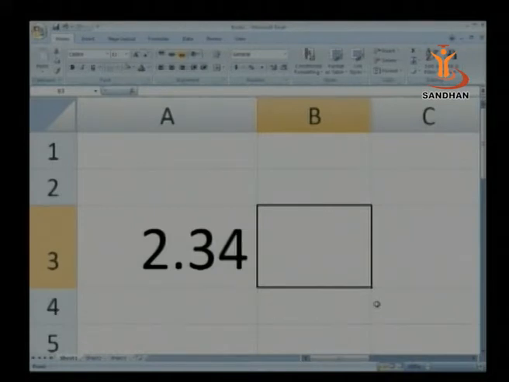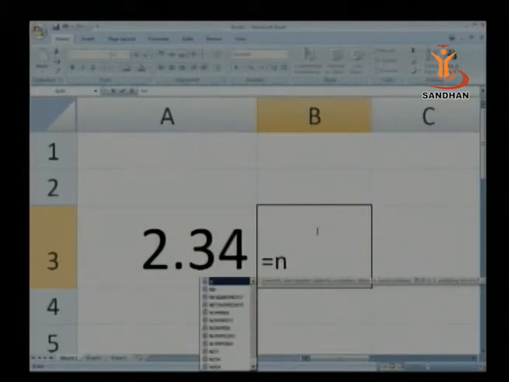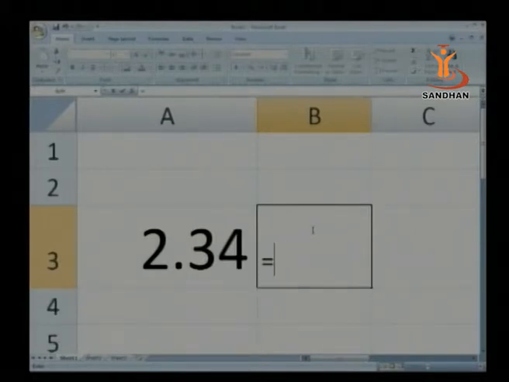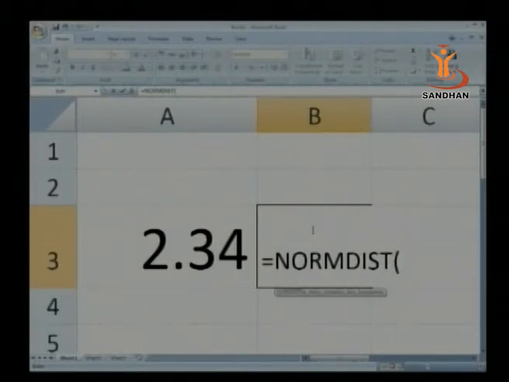So first of all, type equal to, because in Excel any formula starts with the equal to sign. So let us see the Excel. Now as you can see, just type the formula NORM DIST and open a bracket.